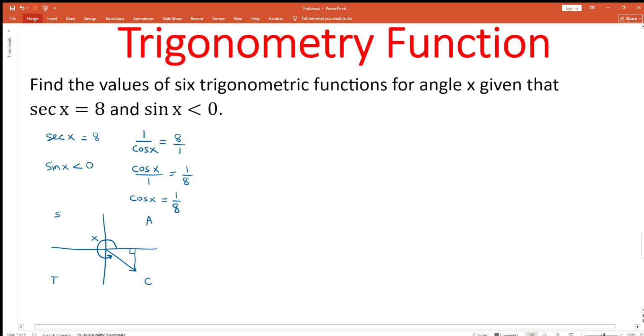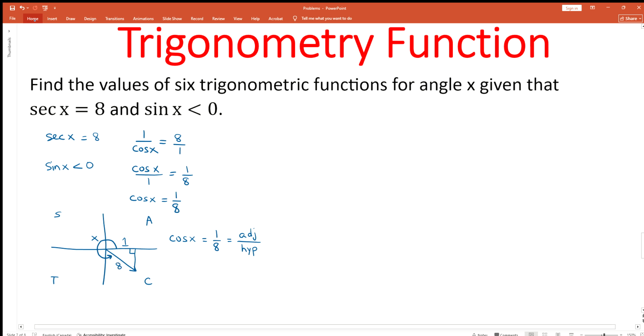We know that cos x is equal to 1 over 8. As per SOHCAHTOA, the formula for cos is length of adjacent side over length of hypotenuse. So in this triangle, the length of the horizontal side is 1 because that's the adjacent side, and the length of the hypotenuse, which is opposite to the right angle, is 8 units.